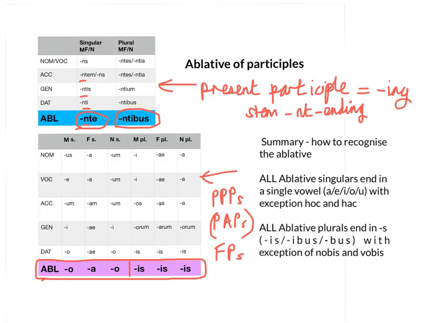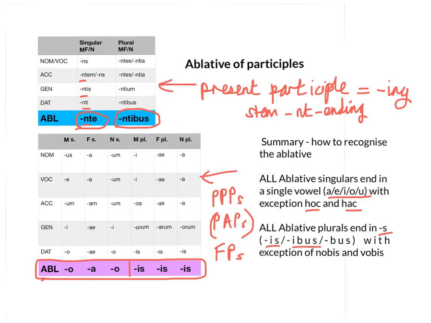If the word ends in A, E, I, O, U, then chances are you've got an ablative singular. Or turn it round, all ablative singulars will end in A, E, I, O, U, unless they are hoc or huc, from that pronoun we saw earlier. And ablative plurals always end with the letter S. That's a rule that's never broken.